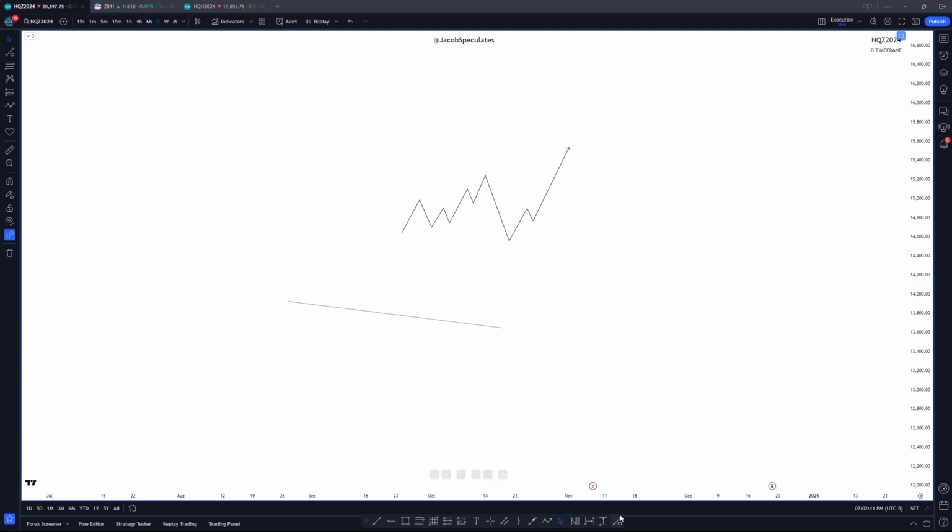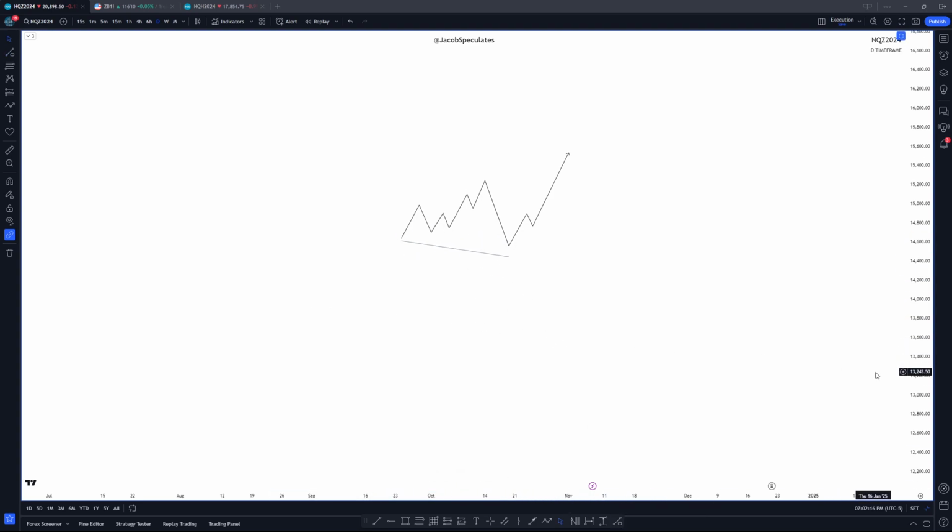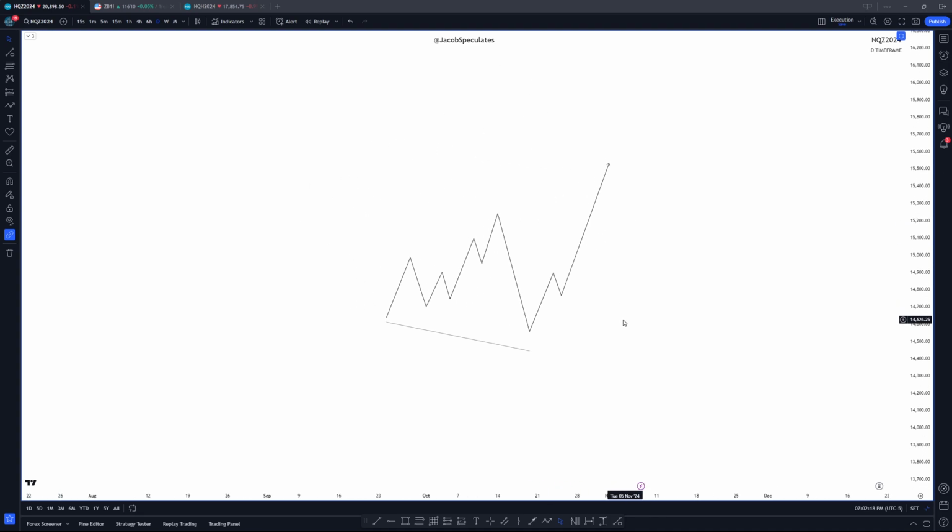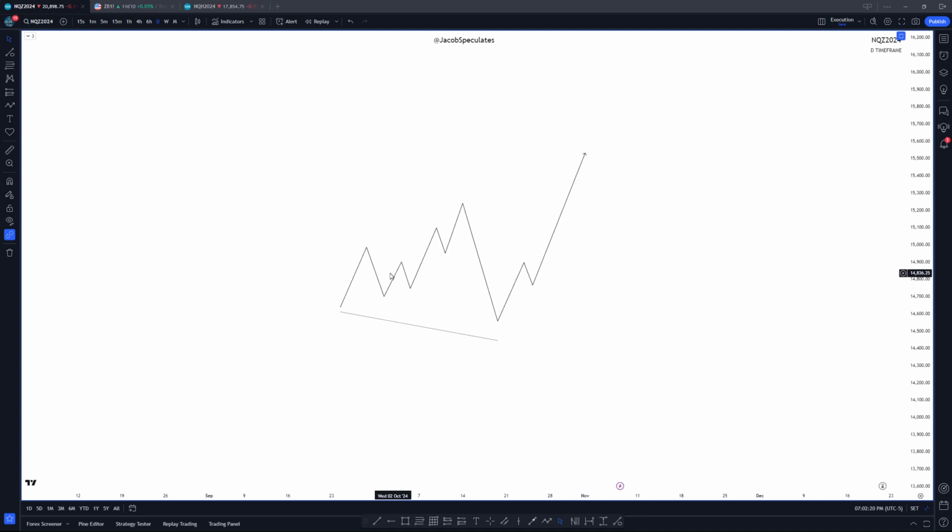There we go. So SMT kicks off moves, right? So let's say this low is in another quarter, this low is in the new quarter, sequential SMT, PSP, bang. You guys know that.